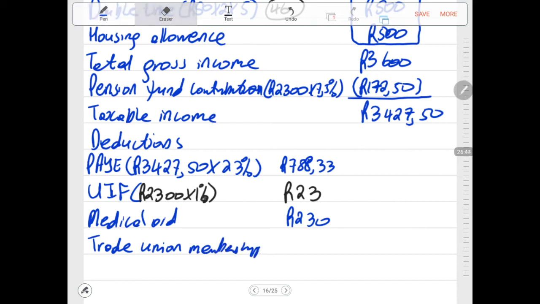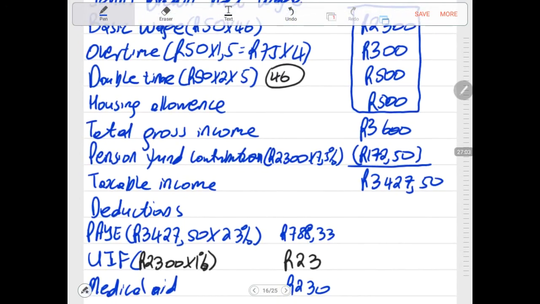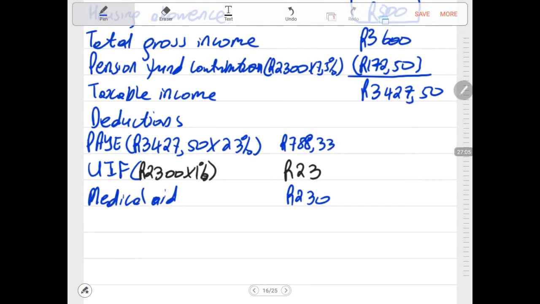So please make sure that if you see that the employee has a union, then there's a contribution that is made to the union. I did speak about the allowances and other deductions that are necessary, which were the non-deductible expenses, taxable expenses, which was the retirement annuity, but we only have the pension fund. So now we don't have another expense or another deduction that needs to be taken into account.